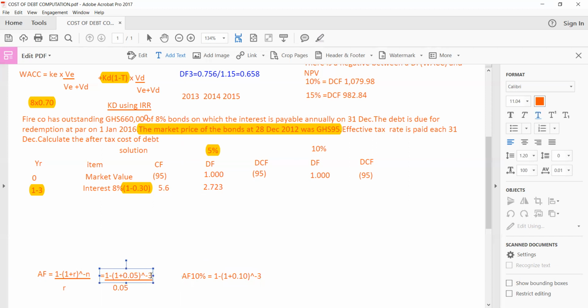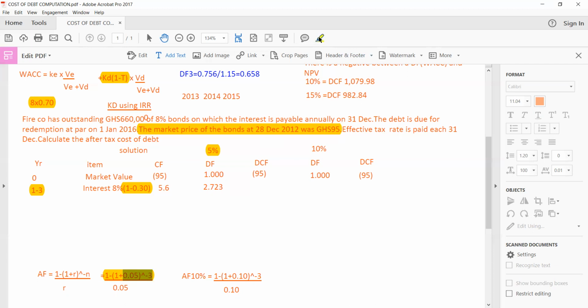So over here too, we make it to the power minus 3 because the number of years happens to be 3. Good. So I will have it divided by 0.10. So on one side we have 1 minus 1 plus 0.05 to the power minus 3 over 0.05.